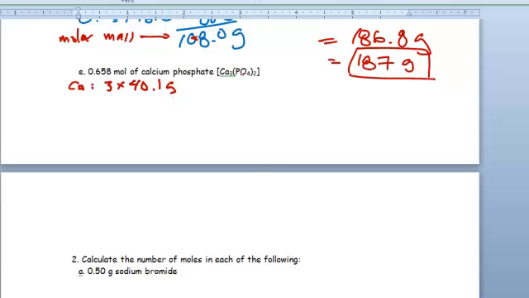Then how many phosphorus atoms are we going to have? You've got a 2 subscript and then parentheses, so that 2 multiplies through, so we have 2 phosphorus atoms. So that's 2 times, let's look up phosphorus, 30.974. That rounds up to 31.0. So 31.0 is just fine.